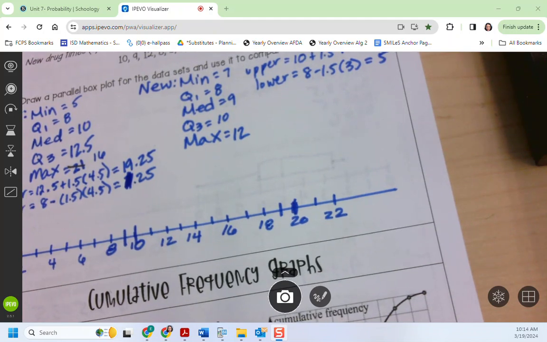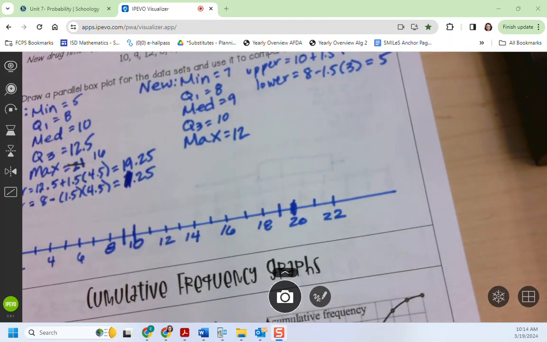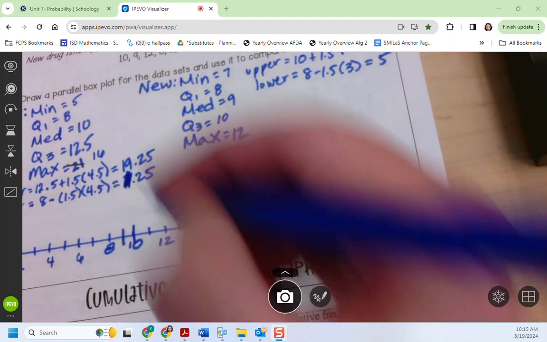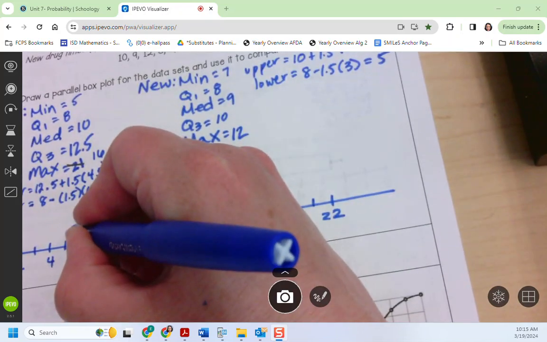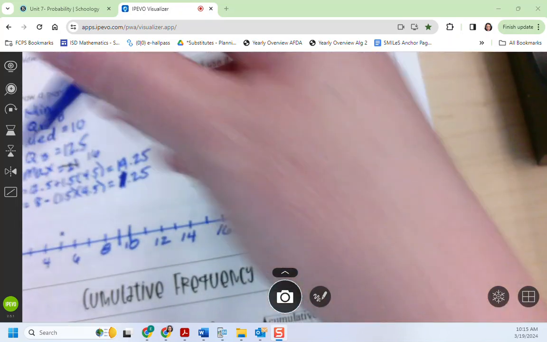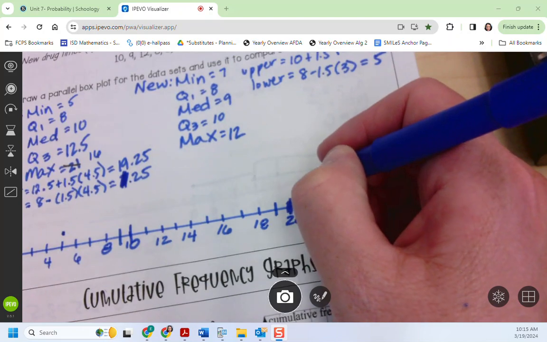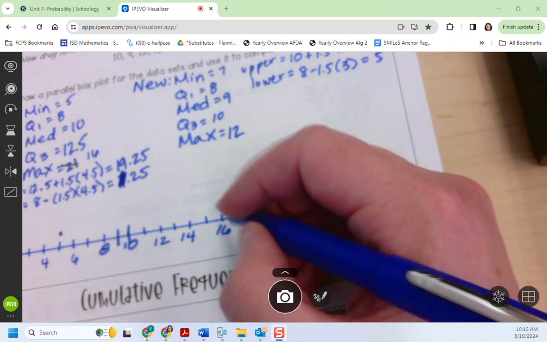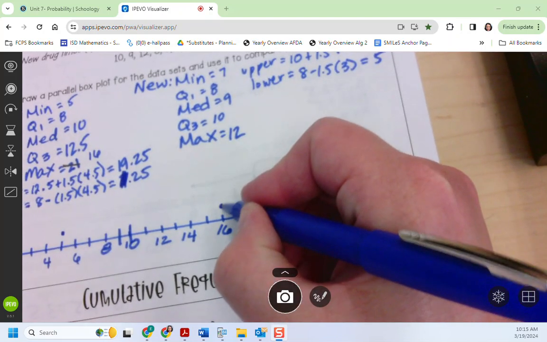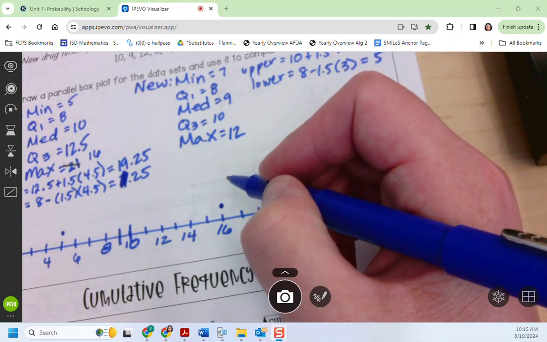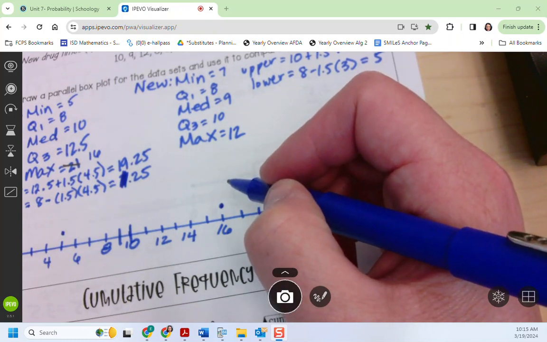We're going to use 16 as our maximum for the old one, and we're going to use 5 for our minimum. And so I'm going to mark 5. We're going to need space to put one box plot above the other. So I'm going to put the old one lower. I'm going to put 16. And then I also need to mark 8, 10, and 12.5.